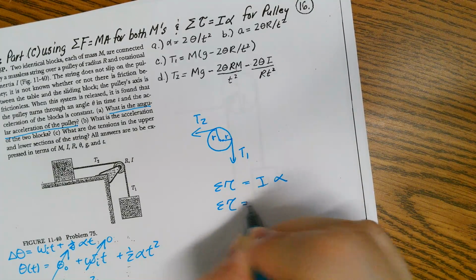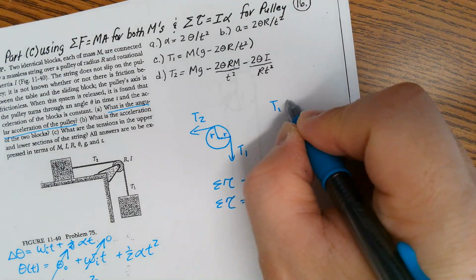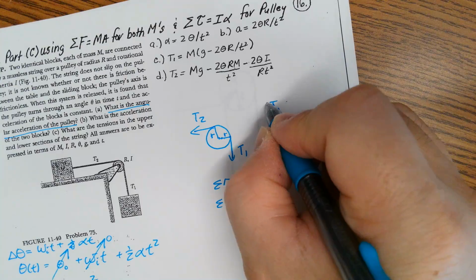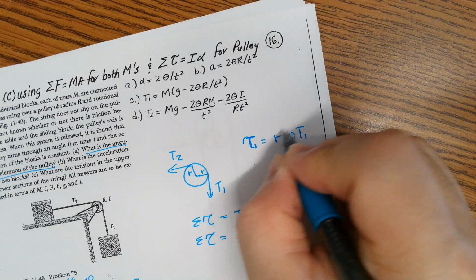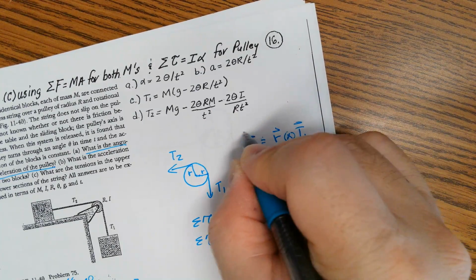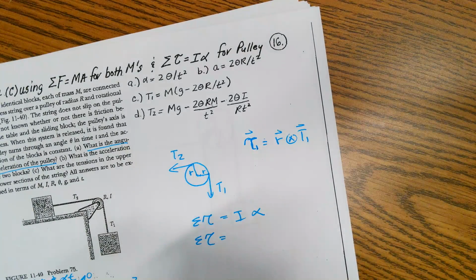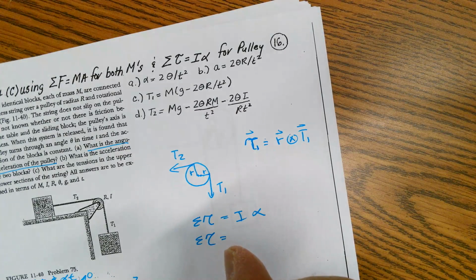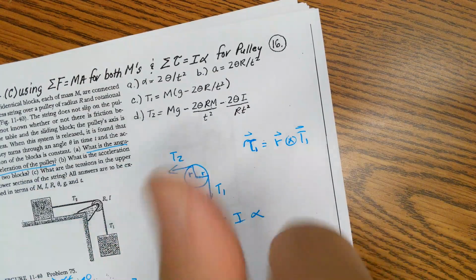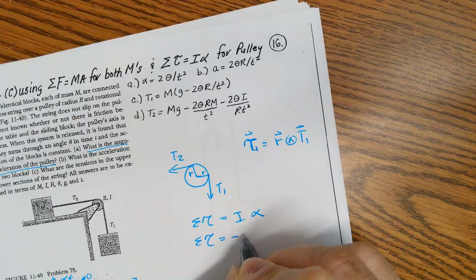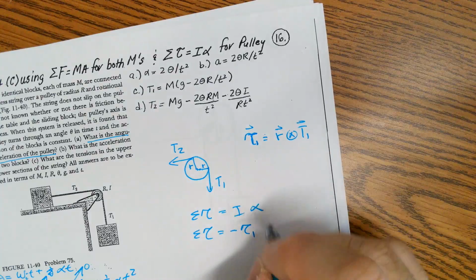Torque 1 is equal to R cross T1. What's the direction of that? R cross T1 has to be negative Z hat, so that's negative torque 1. And R cross T2 is positive.